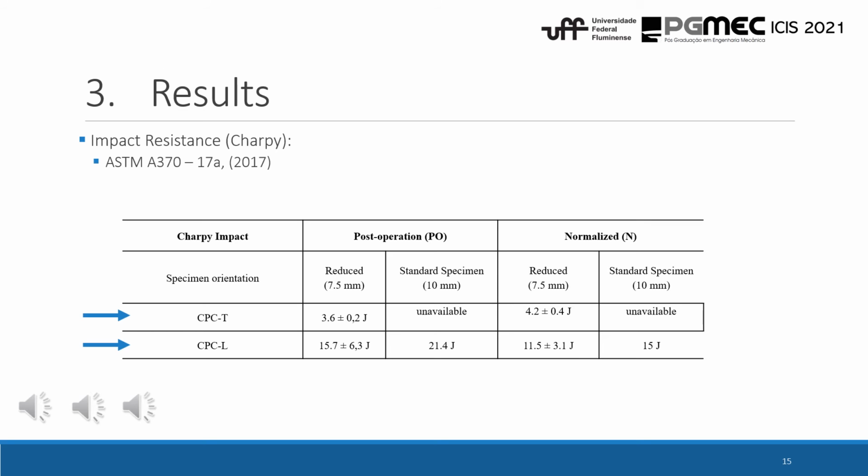These low values observed are probably due to coarse inclusions, coarse grain size, and the amount of small precipitates inside this material. After the heat treatment, the values are still very low, even lower than the post-operation condition. This is not in accordance with the results we find in literature, maybe because the increase of the grain size had more impact on this property than the degradation of the material.